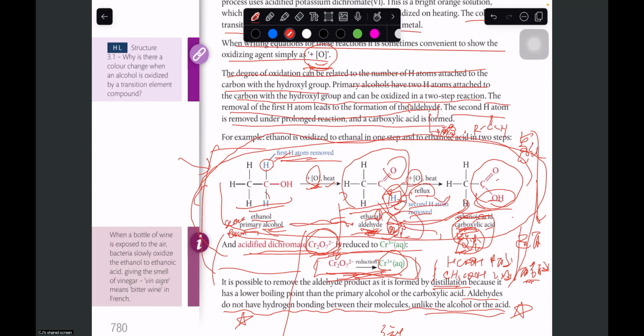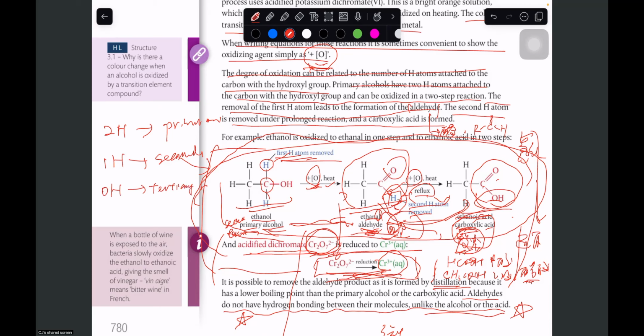If the carbon is connected with two hydrogens, it is a primary one. If it only connects with one hydrogen, it is a secondary one. And if it doesn't connect to a hydrogen, it is a tertiary one, right?